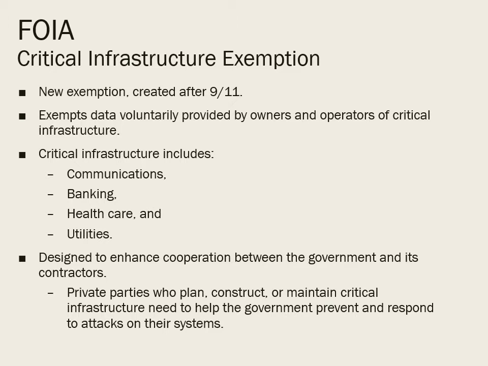And the best way to get that cooperation from private parties is to promise that the information that they give to the government won't be disclosed under FOIA. And these contractors are primarily concerned with their confidential business information. They don't want that disclosed to their competitors.